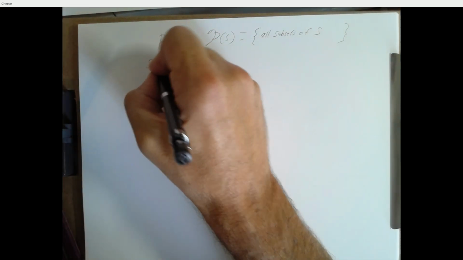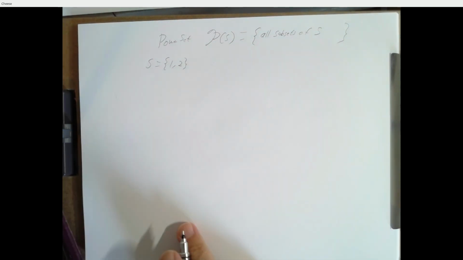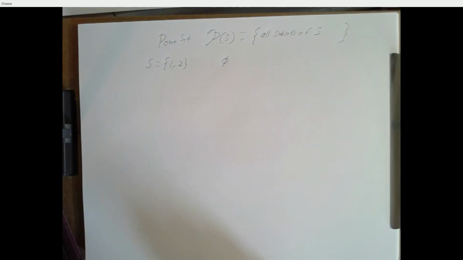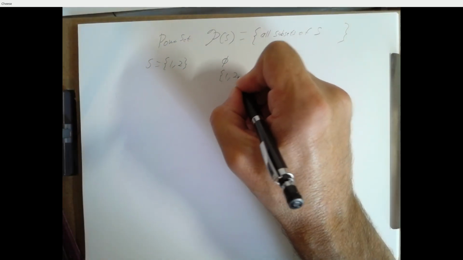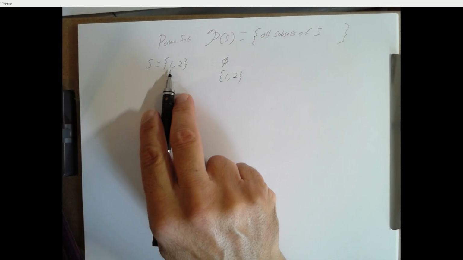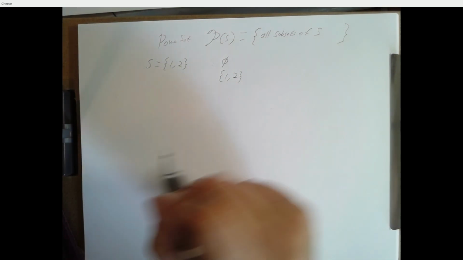Okay, so an example will help here. Suppose S is the set consisting of two elements, the number 1 and the number 2. What are the possible subsets of S? Well, we know the empty set is always a subset, and we know the set itself is a subset, right? S is always a subset of S. Are there any other subsets? Well, a subset is simply a collection of things where each thing belongs to the original set S. So in fact, there are two other subsets.